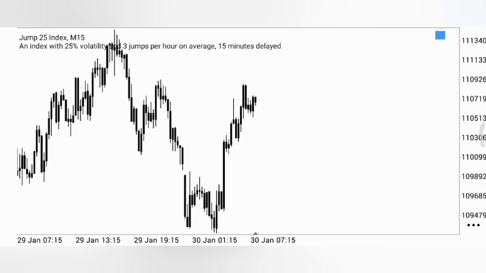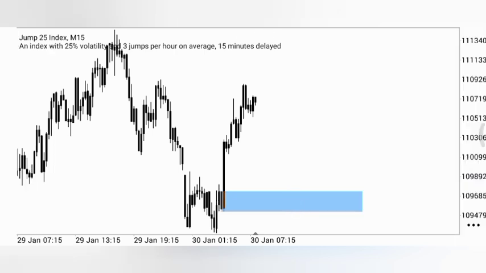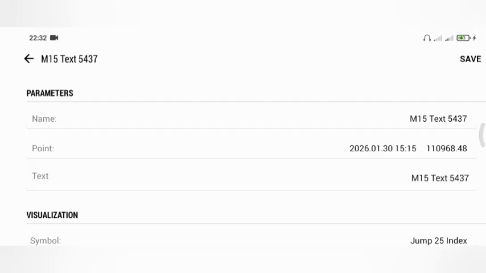Okay, so the first thing, we have order blocks, we have imbalances or fair value gaps, whatever you may call those, and then we have liquidity, right? So those are the things that I actually look for every time I analyze a chart, right?